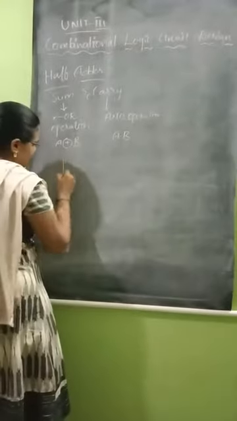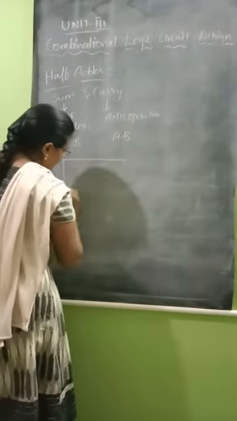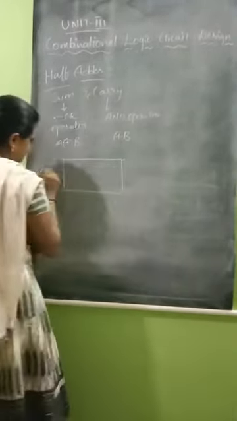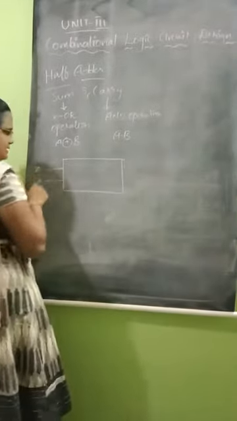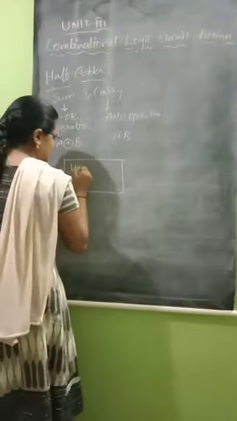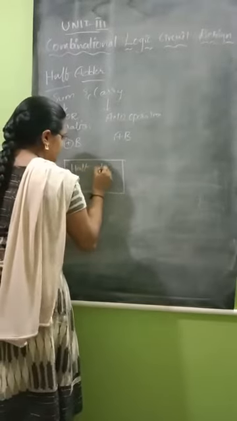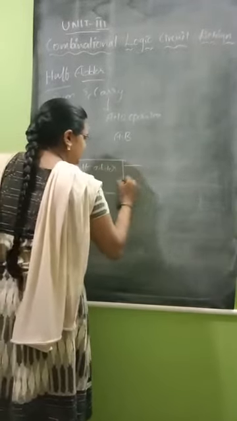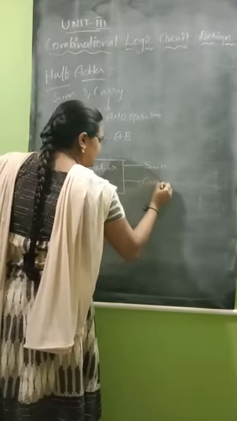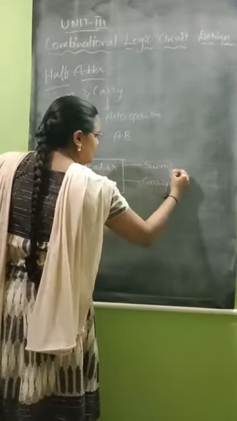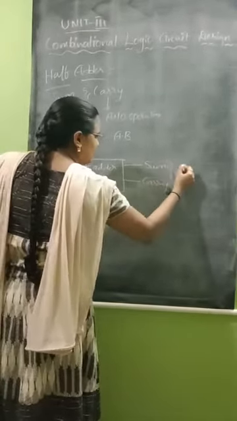The block schematic diagram of the half adder is: A, B are both inputs, and sum and carry are both outputs of the half adder. This is the block schematic diagram.